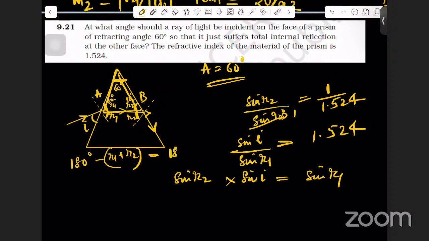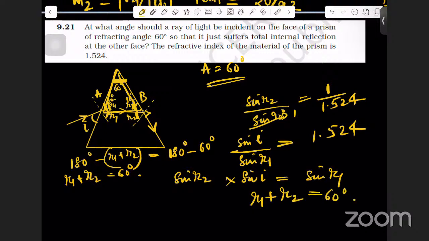It should be equal to 180 minus 60 degrees, right? Because the sum of this angle and this angle should be 180 minus this angle, right? So from here you find R1 plus R2 is 60 degrees, right? R1 plus R2 is 60 degrees.